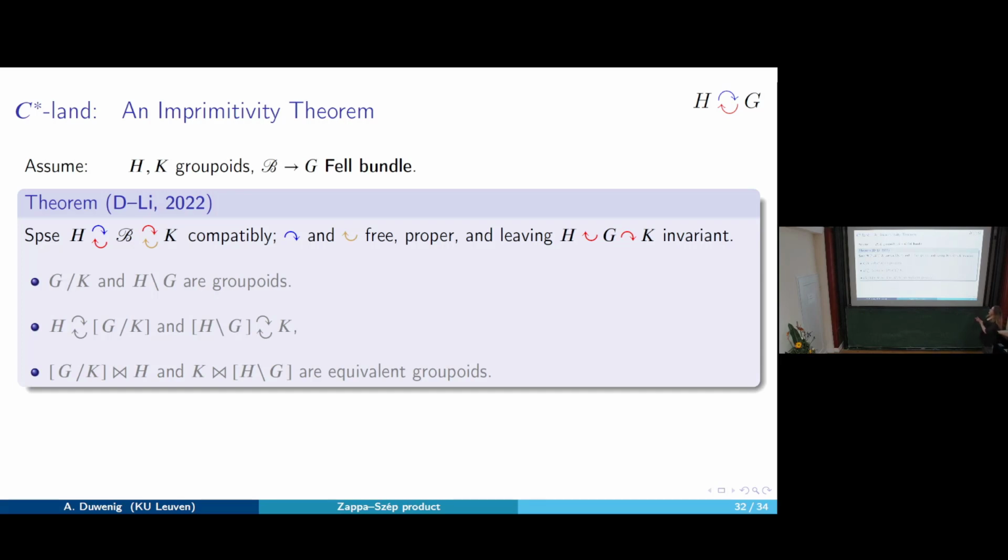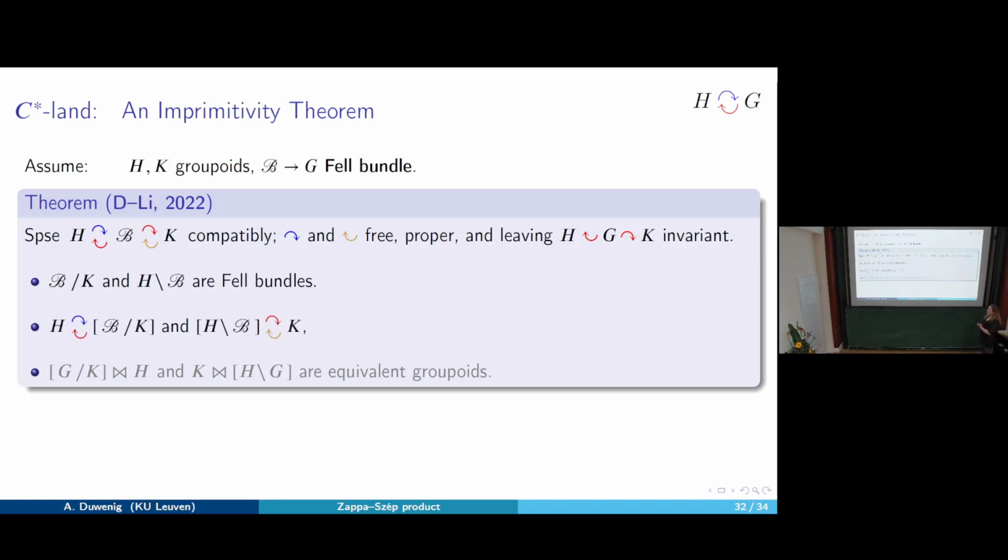I again need the actions on G to be free and proper, and I need them to leave the backwards action invariant. This time, what we have proved is that if you take the Fell bundle and quotient it out by this action of K respectively H, you get another Fell bundle, and these Fell bundles are Fell bundles over the quotient groupoids.